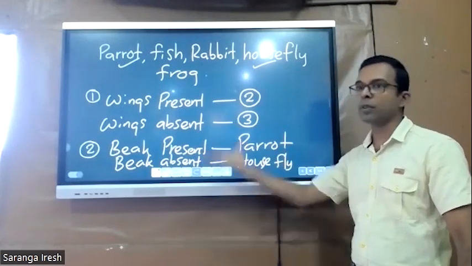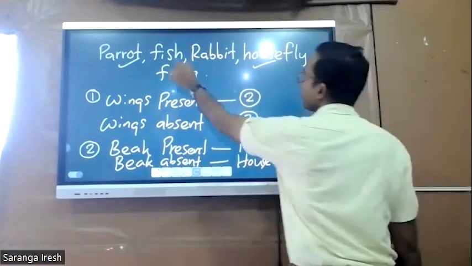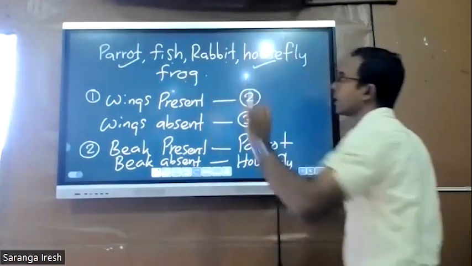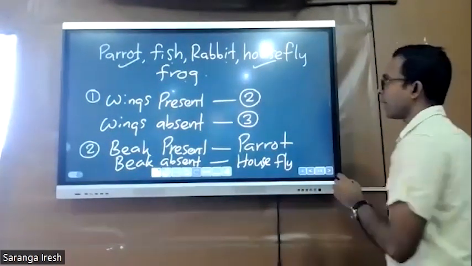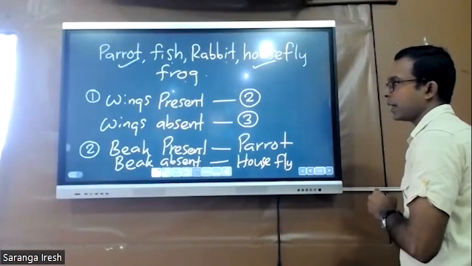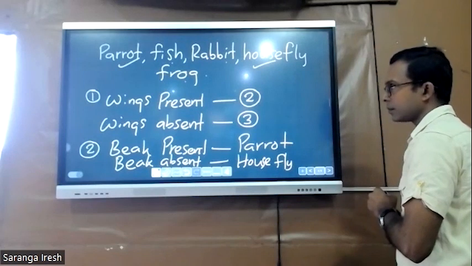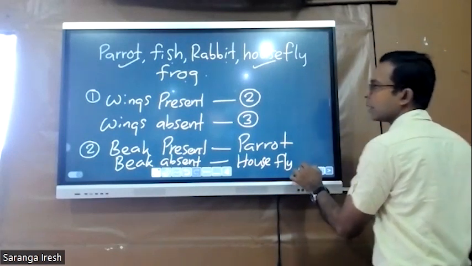And this number system should be continuous. Wings absent, how many? Fish, rabbit, and frog. Have wet skin. Yes, wet skin. Third one.